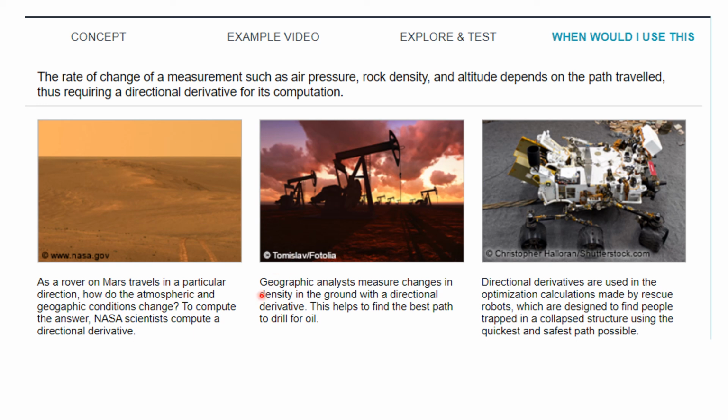Geologists and those who analyze geography measure the changes in density in the ground with a directional derivative. This helps to find the best path to drill for oil. And last but not least, directional derivatives are used in the optimization calculations made by rescue robots, or robots on Mars, for that example, which are designed to find people or other Martian probes or aliens that are trapped in a collapsed structure using the quickest and safest path possible.